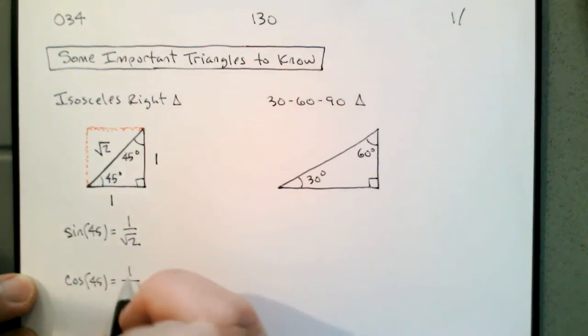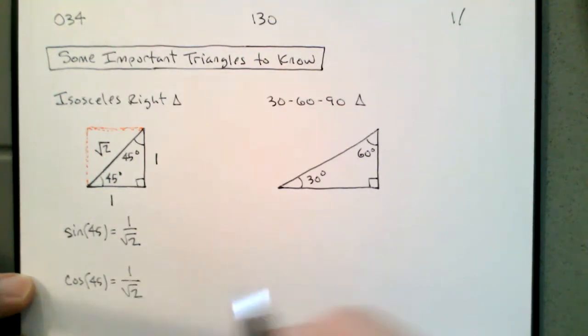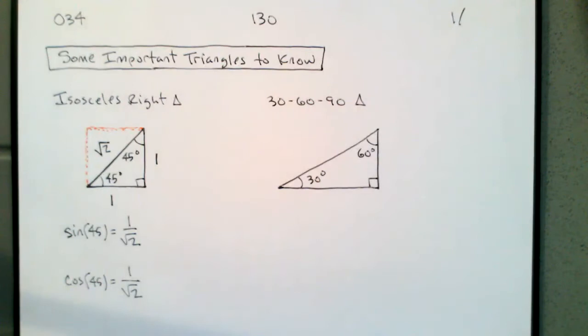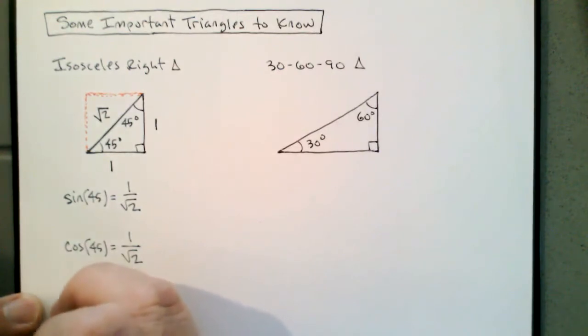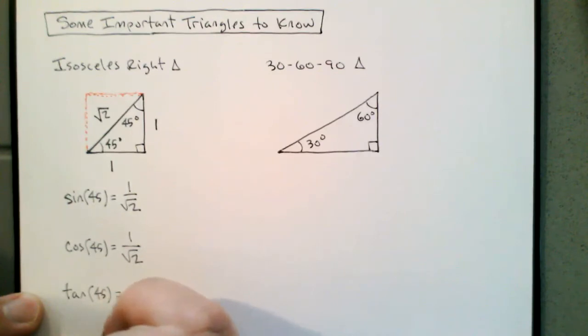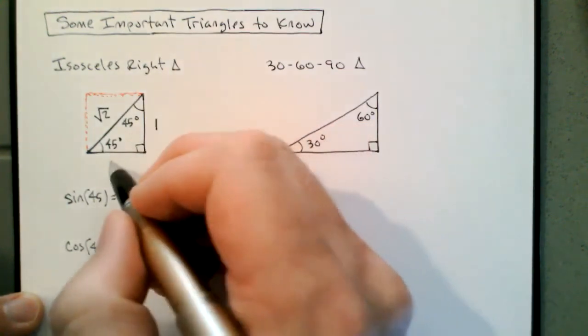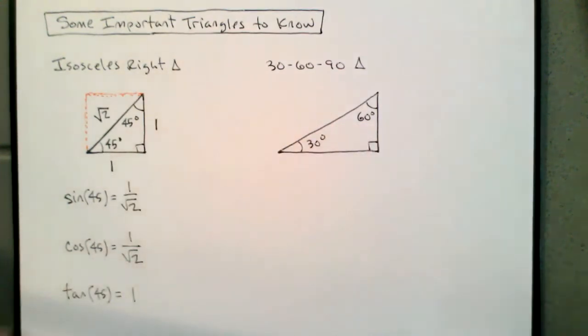So that's 1 over the square root of 2. The tangent of 45 will be opposite over adjacent. And that will be 1 over 1. So the tangent of 45 is 1.